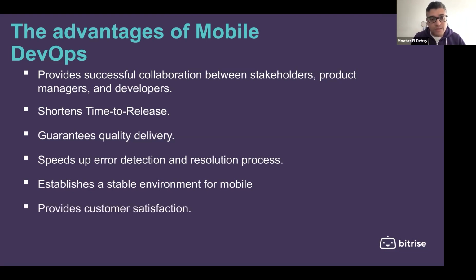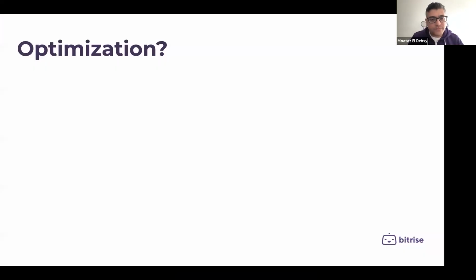Provide customer satisfaction, because if we remember in our challenges, we had negative feedback and poor ratings. So that's one of the main goals: provide customer satisfaction and increase employee engagement in the team. And these are all the advantages of mobile DevOps.